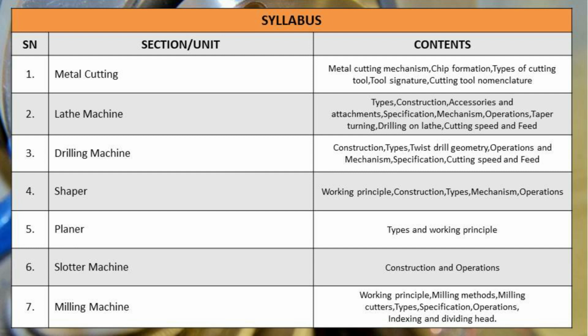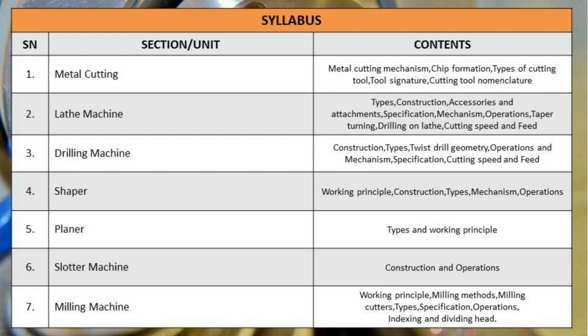Then we will proceed to shaper, planer and slotter. We are having individual units for the same, but the content is quite less, because the working principles of shaper, planer and slotter are almost the same. However, orientation differs.